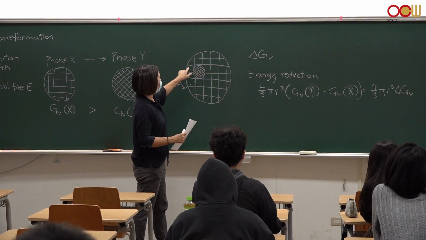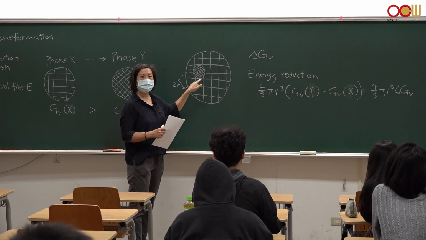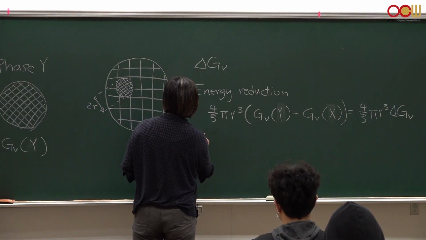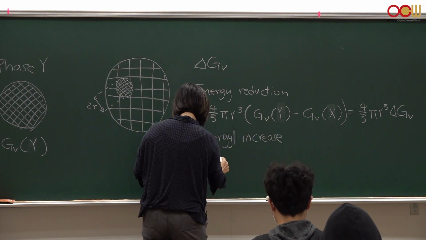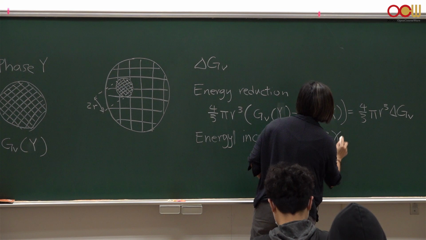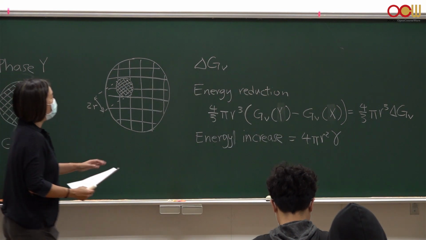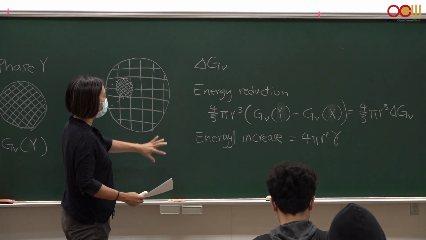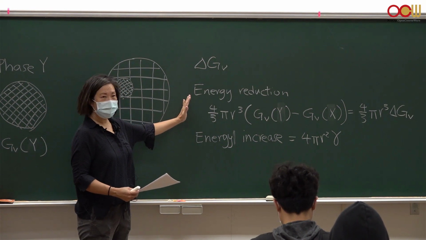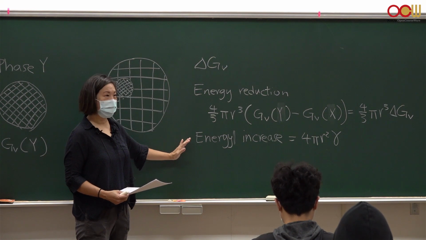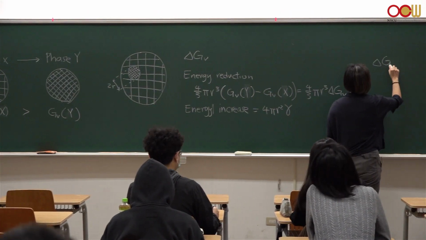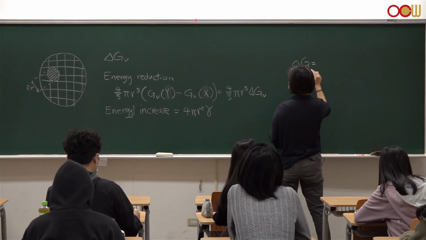But you also have now a surface, a boundary between phase X and phase Y. And so the energy increase is related to the surface area of the sphere and the surface energy. So if you were to look at the competition of these two energies, by forming a new phase, you get some energy reduction, but you also get some energy increase, right? So the overall change in free energy is a combination of these two.